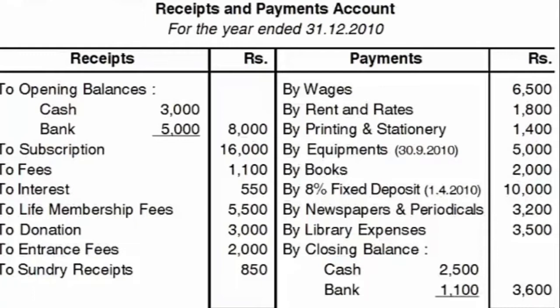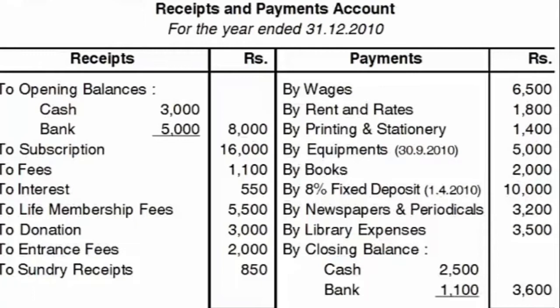Now let us start. The first item in receipt and payment account, receipt side, to opening balance, cash 3,000, bank 5,000. The opening balance we will not enter in the income and expenditure account. This opening balance we will enter into balance sheet. Okay.